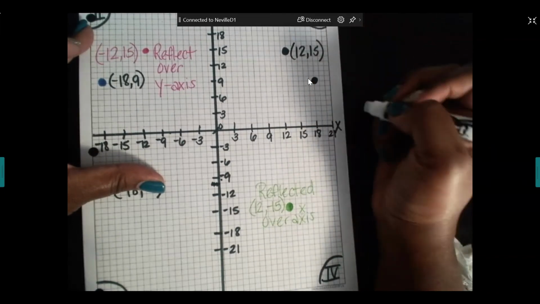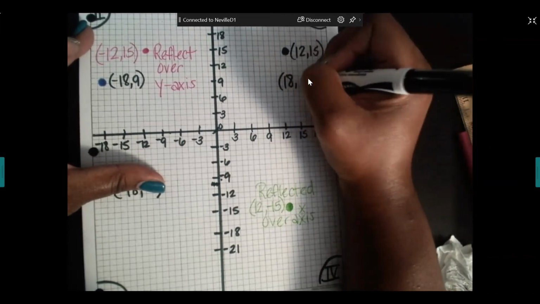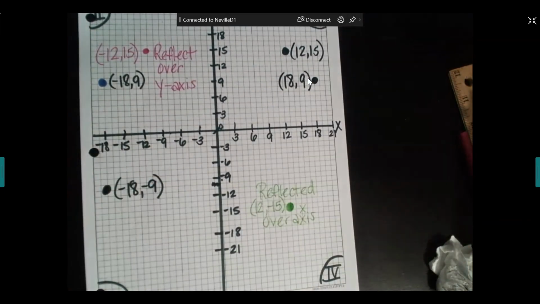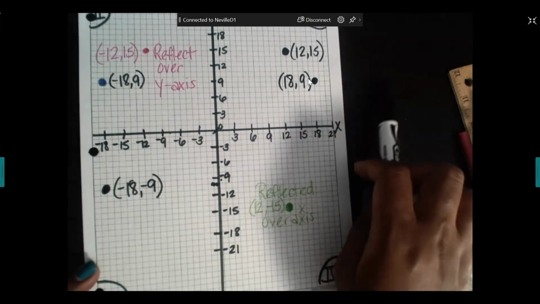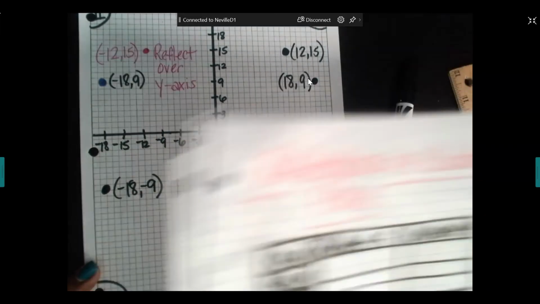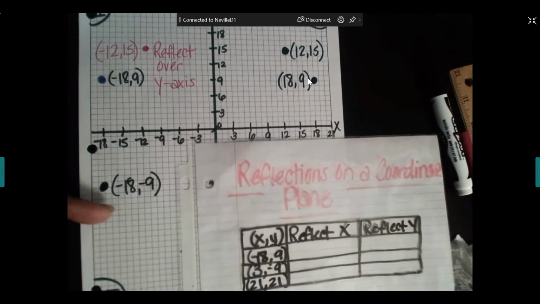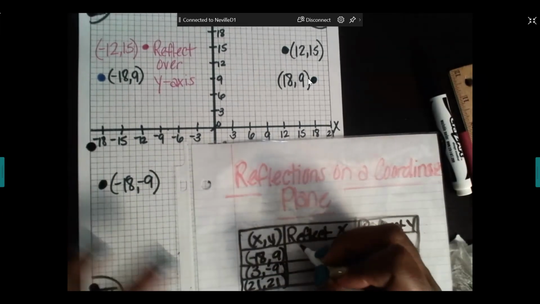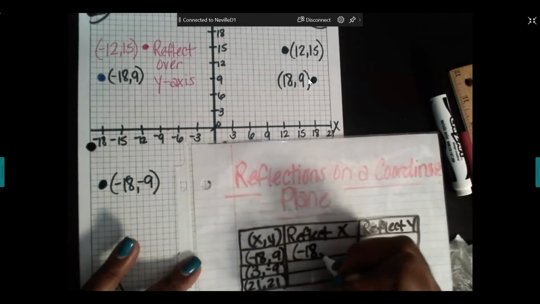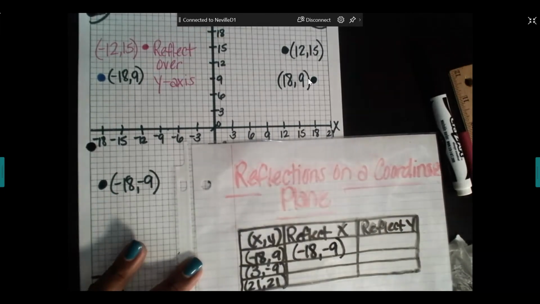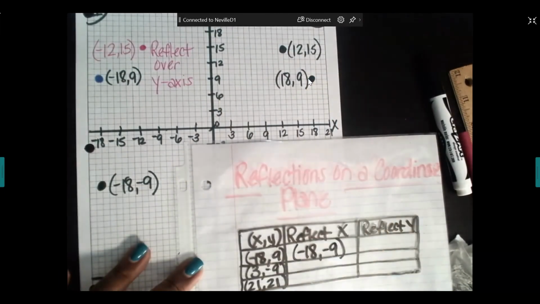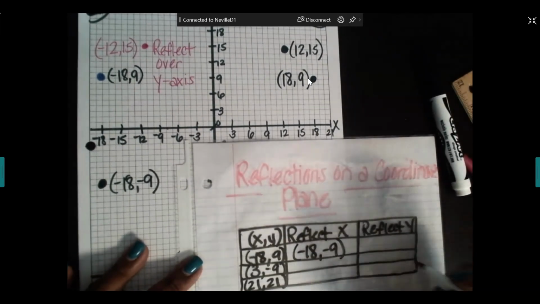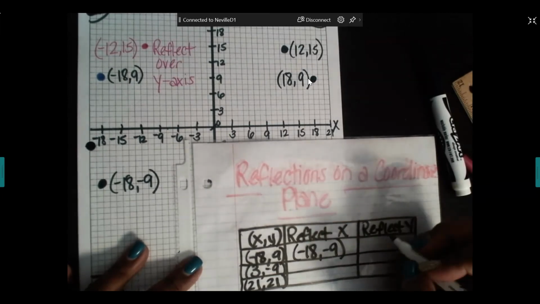So where the two meet, (18, 9). Let's add this to our chart. When I reflected over my x-axis, what was my new ordered pair? (-18, -9). When I reflected over my y-axis, what was my new ordered pair? (18, 9).